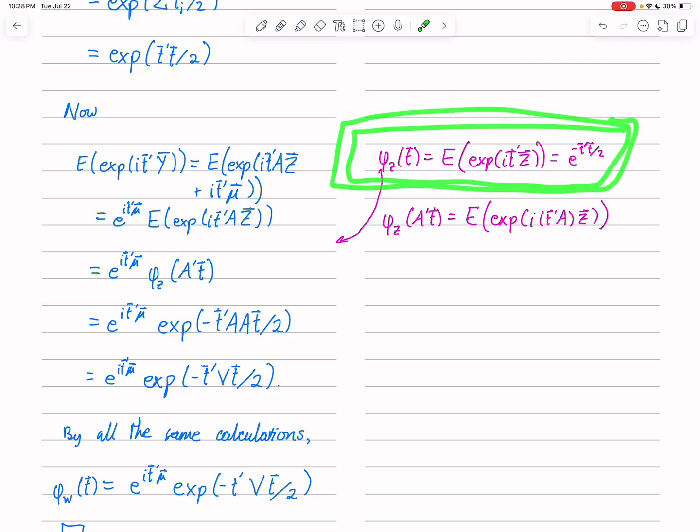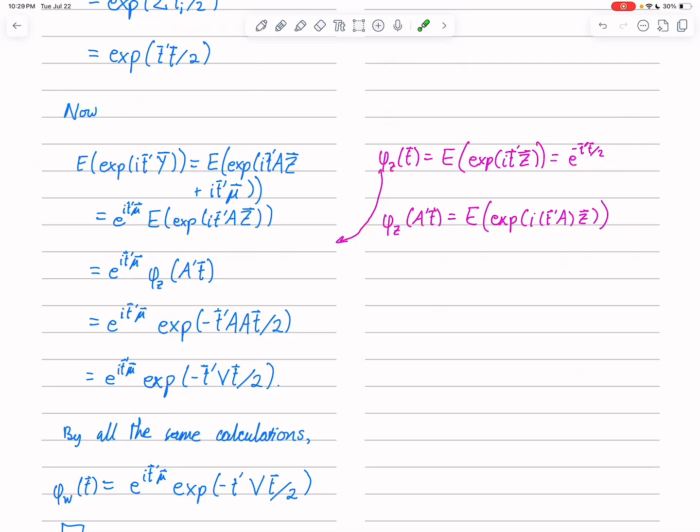This right here is where I'm using the result that we derived above to say that this now turns into the exponential of negative this vector, this vector transpose, with of course the divide by 2. So that's the alignment with the result from the previous part.